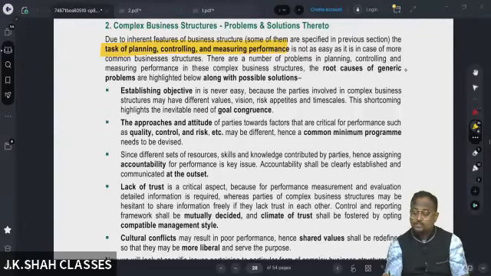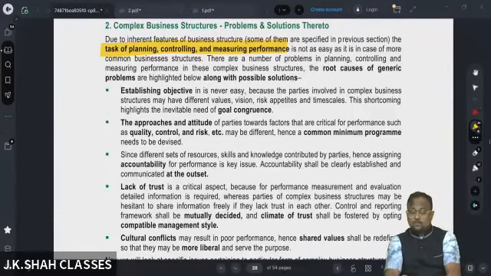The root causes of generic problems are highlighted below. What are the root causes?